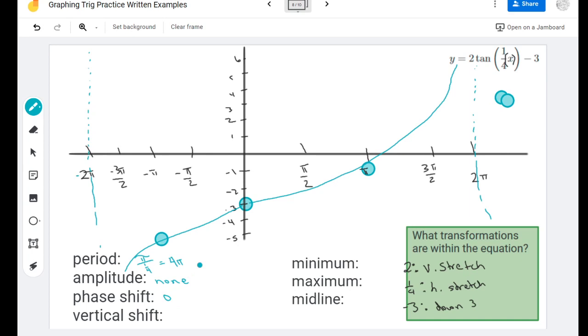Our vertical shift was when we scooted the graph down by 3. These graphs continue forever downward, so there's no minimum. They continue upward forever, so there's no maximum. And we don't really describe a midline for the tangent function. That's usually just the sine or the cosine.